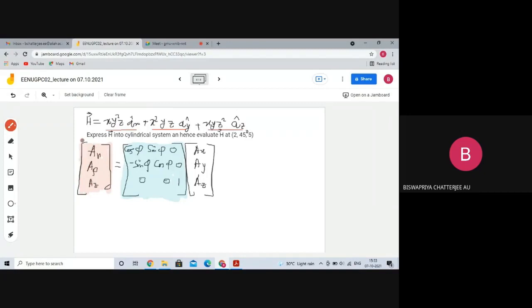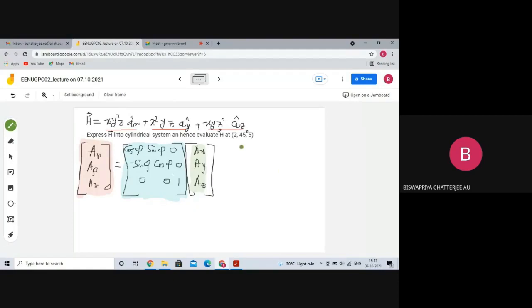You see the problem, the vector is given in Cartesian system, so all the parameters are known in Cartesian system. So Ax, Ay, Az are all known parameters. In this case, it should be Hx, Hy, Hz. And this matrix, shaded by blue, will help you to convert from Cartesian to cylindrical, right?